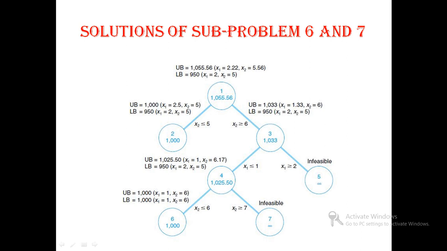If you put x1 less than or equal to 2, then the maximum value you will get is 950, and if you put x1 greater than or equal to 3, the problem becomes infeasible. So the maximum objective value that can be attained is 1000, and the integer values corresponding to the optimum objective value are x1 = 1 and x2 = 6.